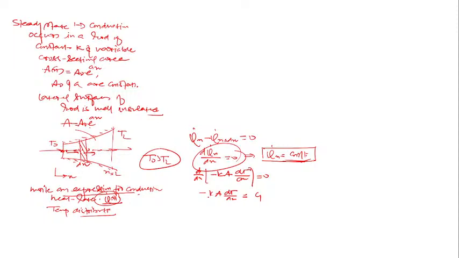Simply k is constant, minus k, area is A naught into e to the power ax, into dt upon dx is equal to c1, yes or no?